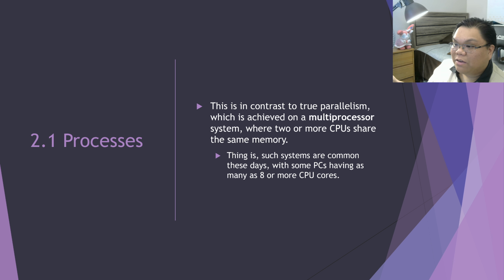Each process has its own virtual CPU, even though the physical CPU is switching between different processes. This rapid switching between processes is called multiprogramming, and the switch itself, some textbooks call this a context switch.